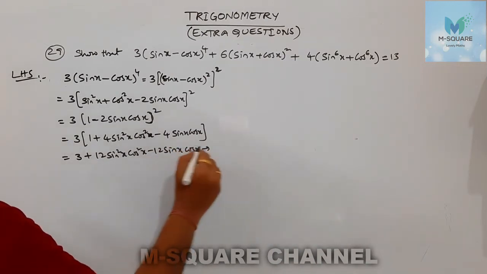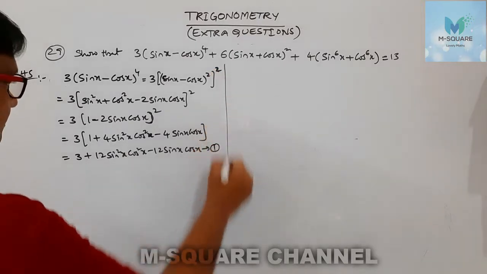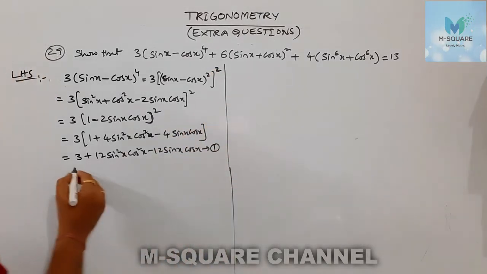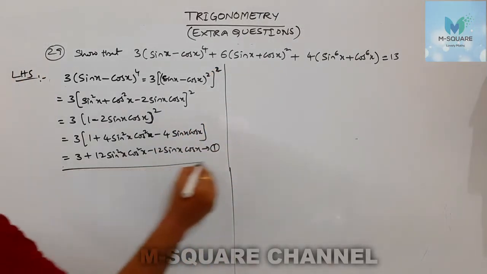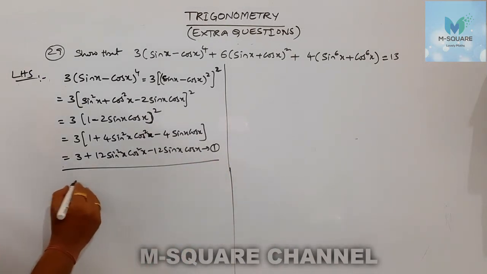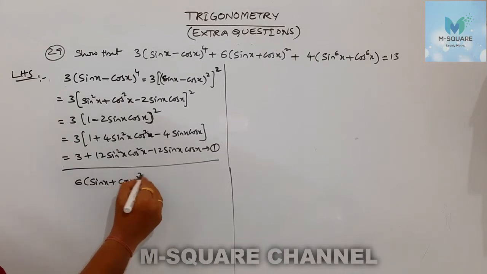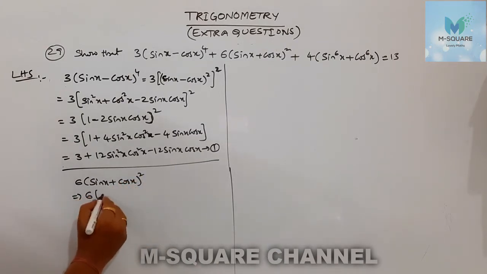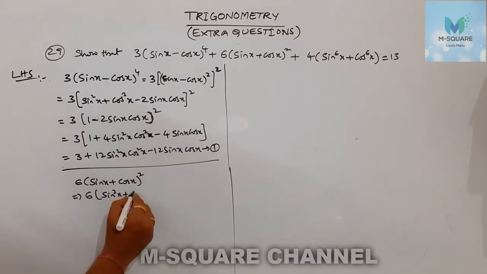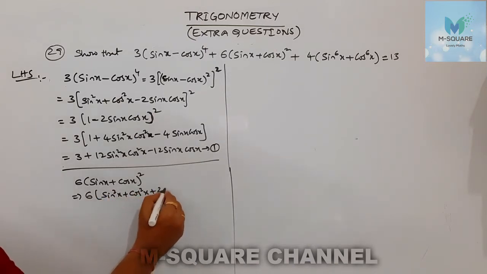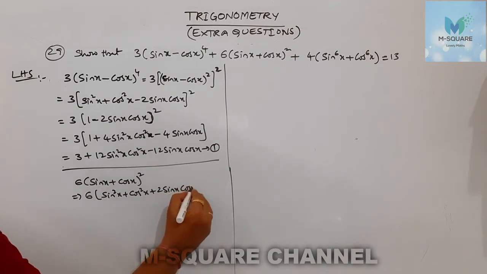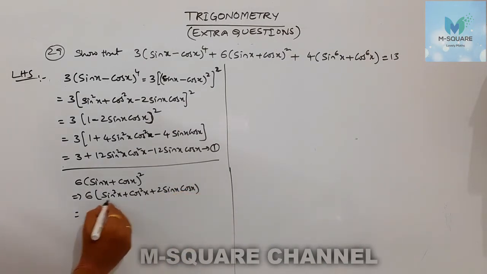This is first one we are going to take. In second part, 6 into sin x plus cos x whole square. This means a plus b whole square. So 6 into sin square x plus cos square x plus 2 sin x cos x. So this part is 1.